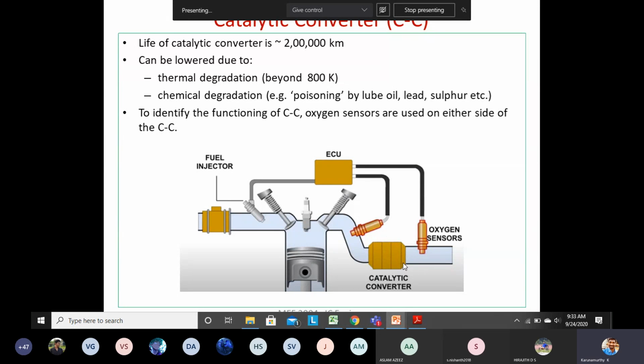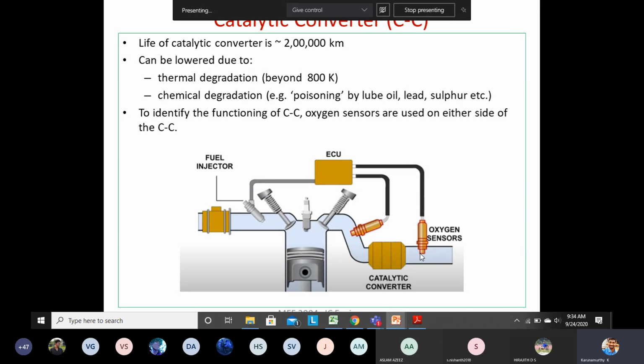So normally, if the oxidation process is taking place, the presence of oxygen after the catalytic converter is going to be less than the presence of oxygen before the catalytic converter. That means your catalytic converter is operating well. If it is not functioning well, then you will get the same amount of oxygen before and after the catalytic converter.